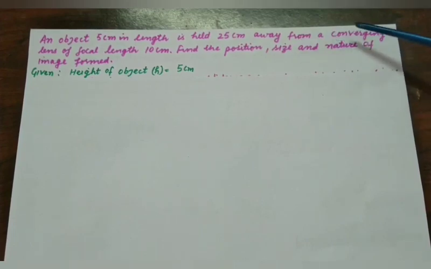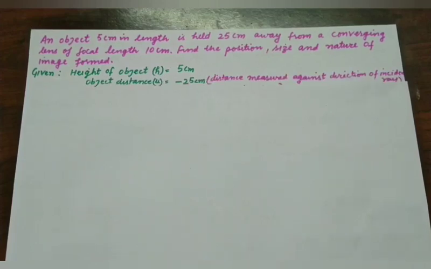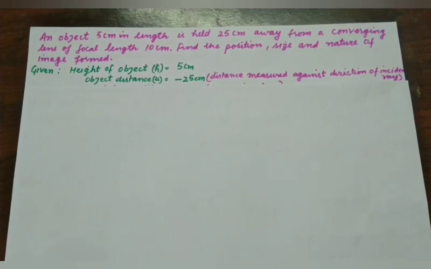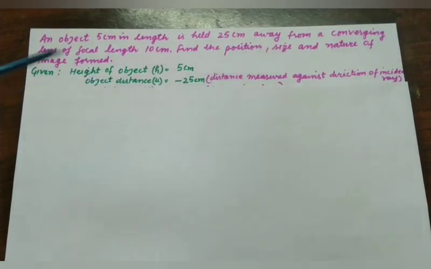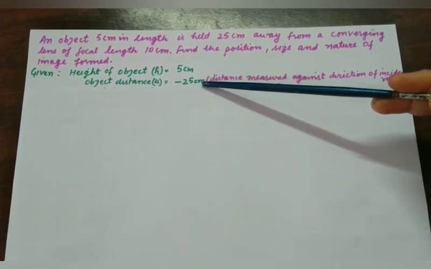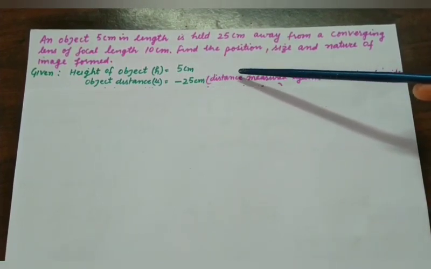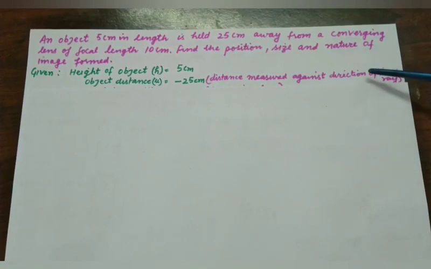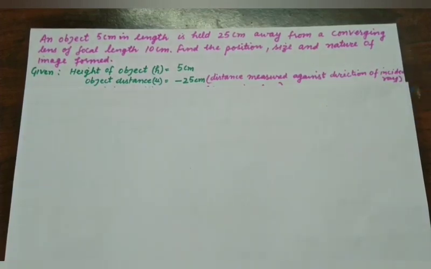Held 25 cm away from a converging lens, that means the object distance is given. Object distance is 25 cm, but we have to place a negative sign over here. Why? Because the distance of the object is always measured against the direction of the incident ray.